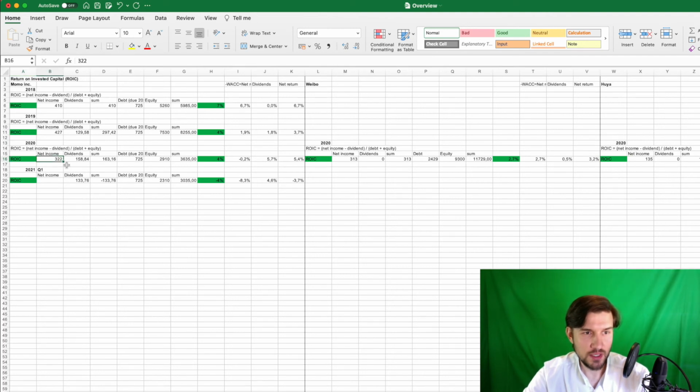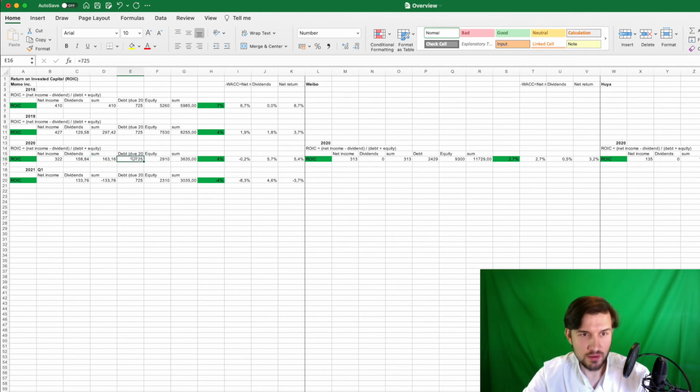We have net income, the total net income in 2020 for Momo Inc. We have dividends paid, the total nominal amount of dividends paid by Momo Inc. to shareholders. And then we deduct the dividends from the net income in order to have the amount available after paying the dividends.